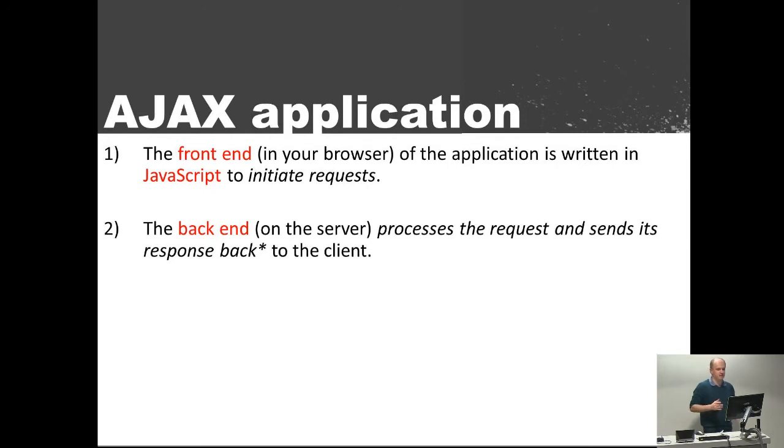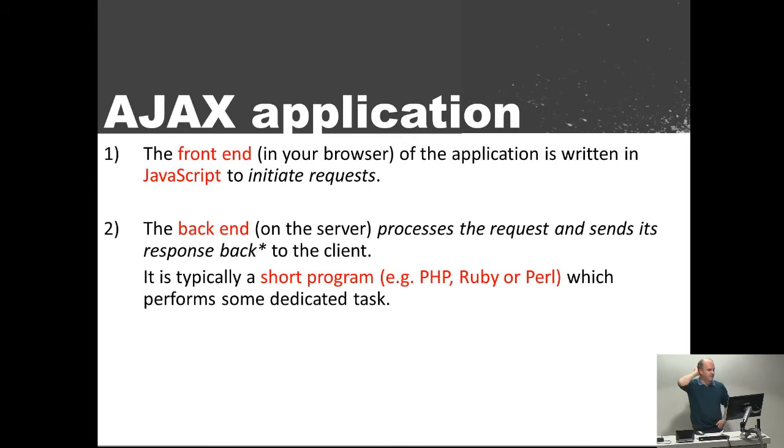So the back end is going to process a request sent by JavaScript and send the response back. And typically on the back end, you will have some kind of program running and doing the tasks which were requested. So we already mentioned PHP, but there are other languages which are quite popular on the server side, like Ruby or Perl.